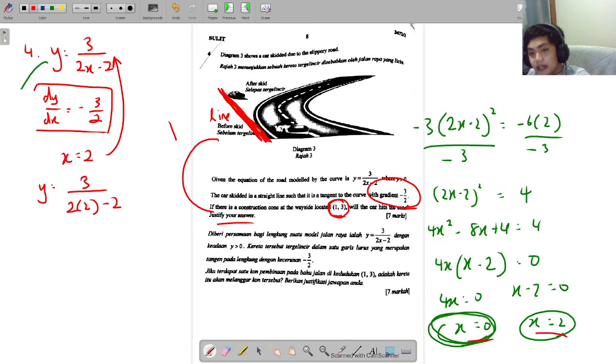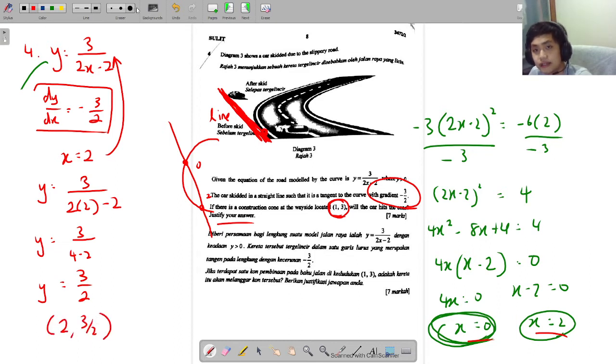The line probably cuts somewhere like this, possibly, right? So the 0 and 2 lie somewhere around here. We don't know which one we're referring to, but it is still a point on the line. That's why we can substitute it inside. So it's y equals 3 over 4 minus 2, which equals 3 over 2. So this is the y coordinate. So I have a coordinate of this point here, which is (2, 3 over 2).